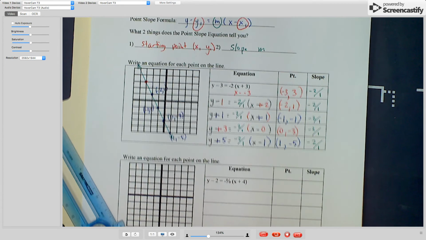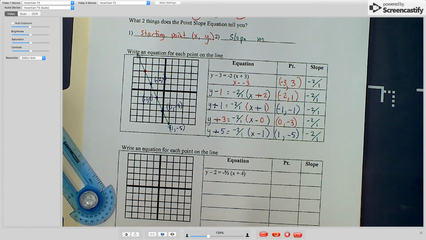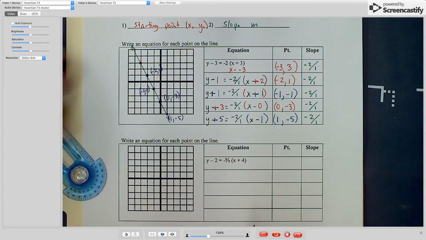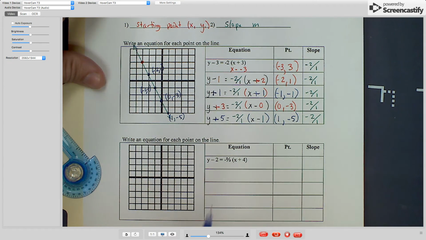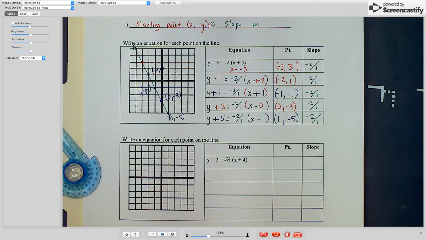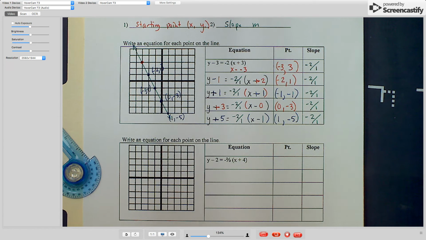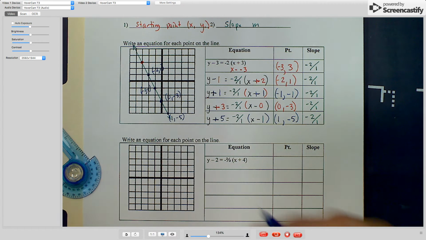Okay. What I want you to try is, on the next example, graph the line and then write as many different equations as you can for the amount of solutions that are on this line. I'll start you off by telling you the starting point.